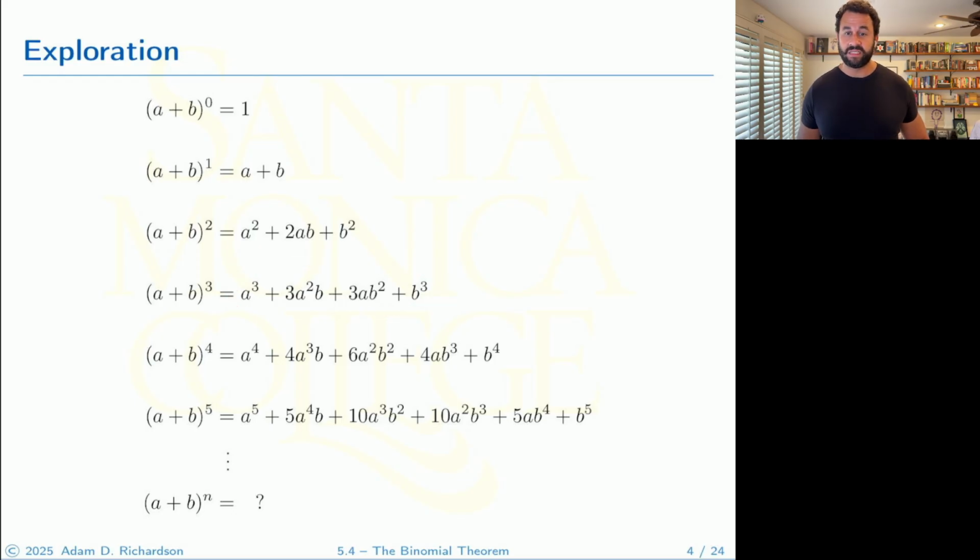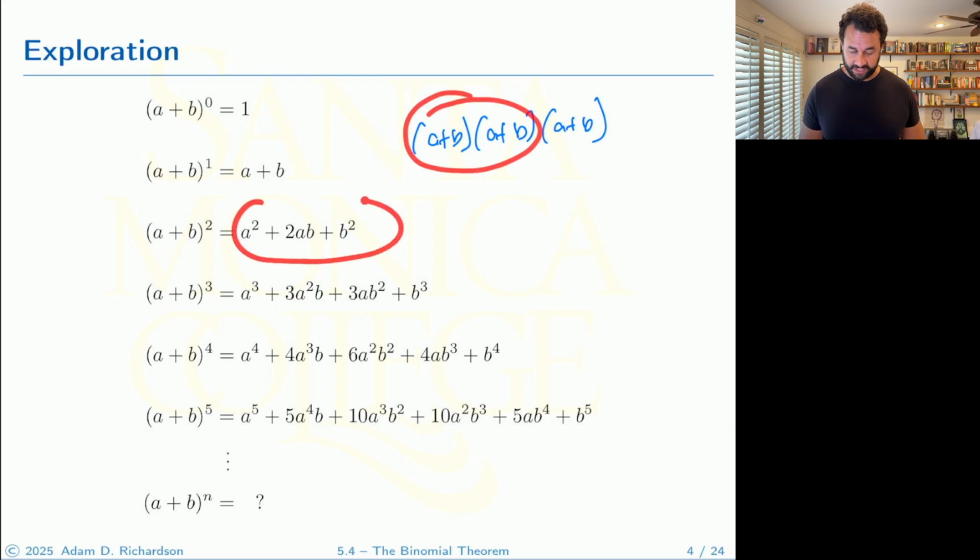So the difficulty with these types of expressions is if you want to compute (a+b)^3, you guessed it, you're going to have to do (a+b) times (a+b) times (a+b). And if you want a good exercise, you can try this right now. Multiply this out, factor by factor. So do (a+b) times (a+b), and then the result that you get there will actually be this.